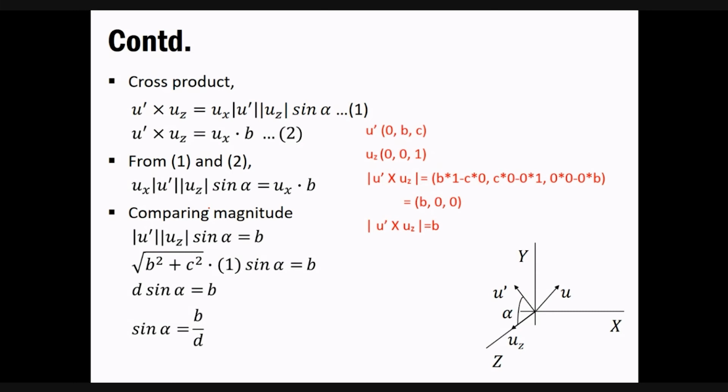The uz value is 1 because it is 0 0 1, so we can take 1 and eliminate the remaining things, keeping sine alpha as the subject. Substituting under root b square plus c square with d, we get sine alpha equal to b upon d. So we have one more thing to be substituted, that is cos alpha equal to c upon d.